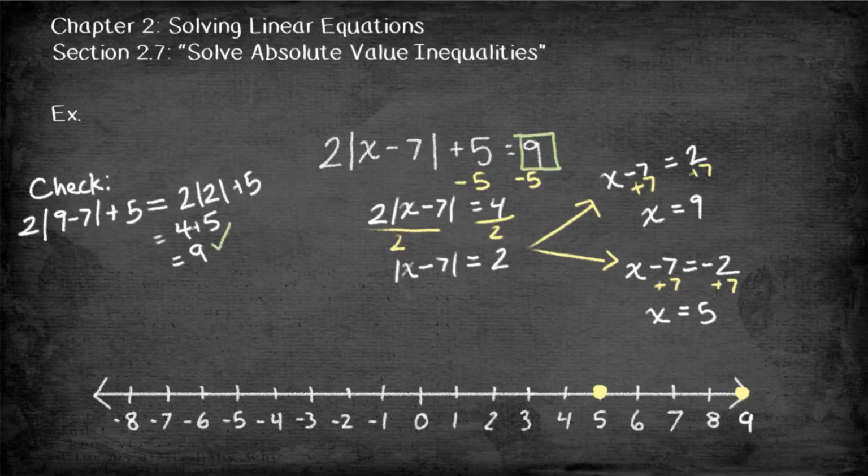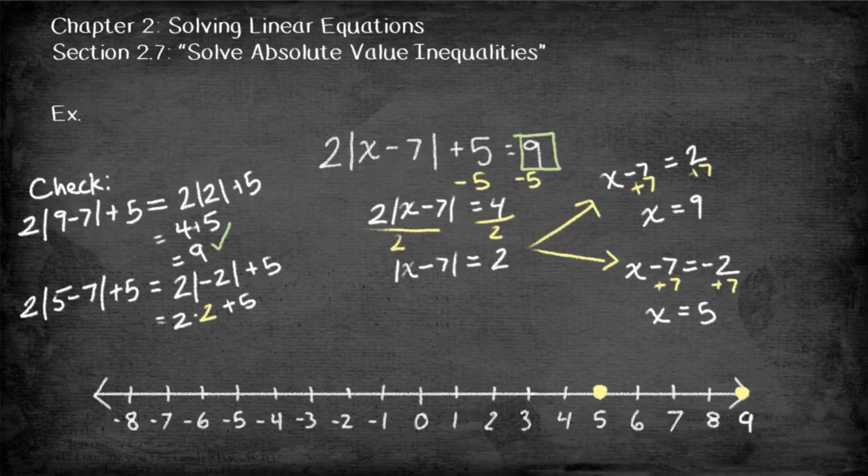Okay, so for x equals 9, we get 9 like we're supposed to. The absolute value of negative 2 is 2. So we get 9 again.